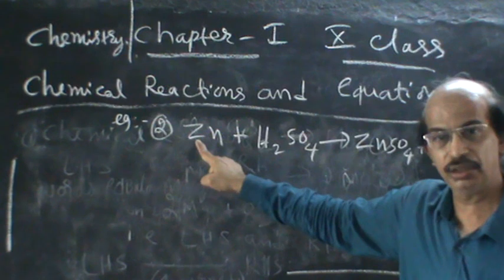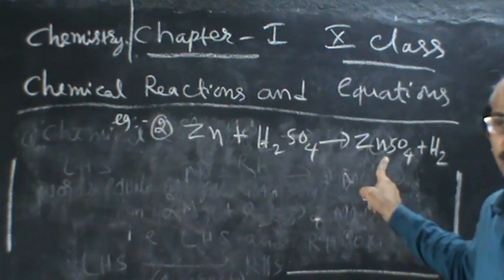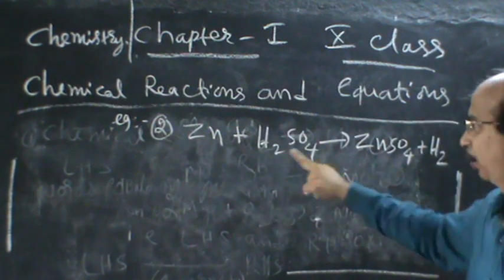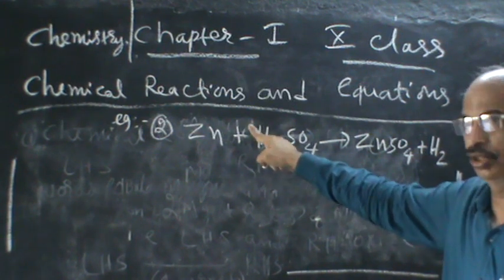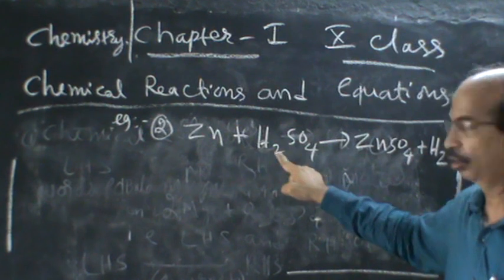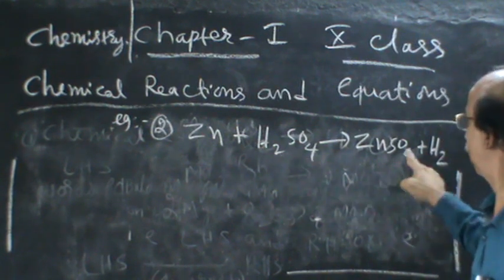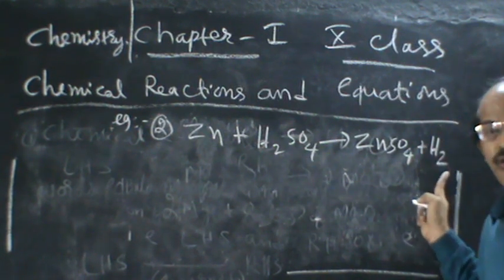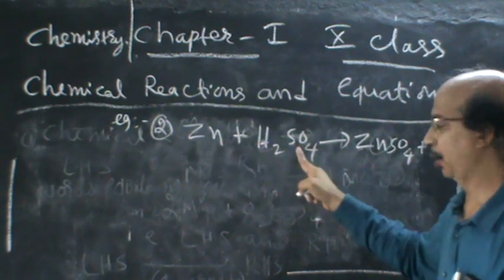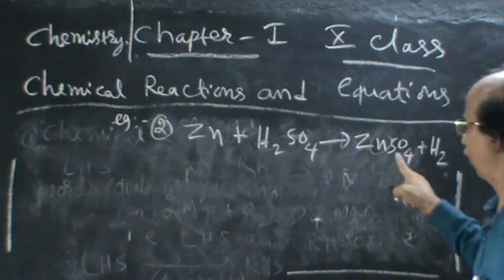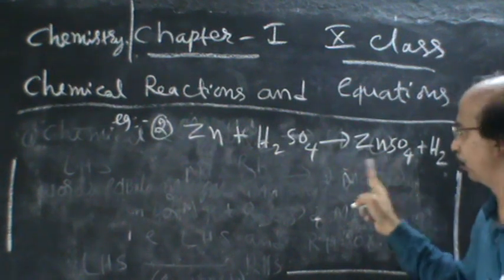Zn left hand side 1, right hand side 1. Zinc is balanced. H2, 2 hydrogens; 1 into 2, 2 hydrogens. Here also 1 into 2, 2 hydrogens. That is balanced. Sulfur 1 into 1, 1. Sulfur also balanced.